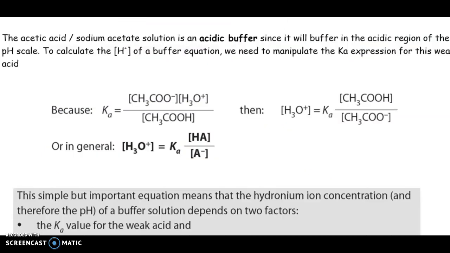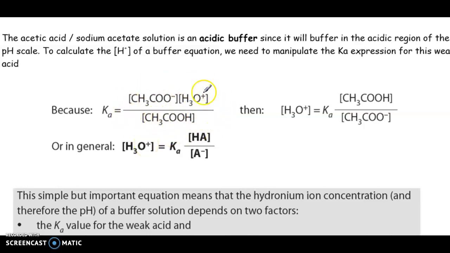So the way that we set up the equilibrium here is the same that we did when we learned about pKa and Ka values. It's our products over the reactants, and remember we don't include our water. So this is the same acid buffer that we had in the slide before this.